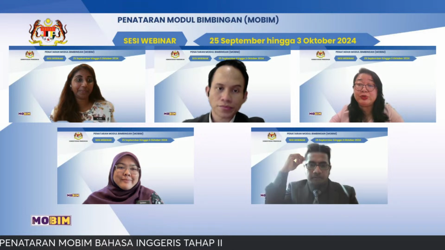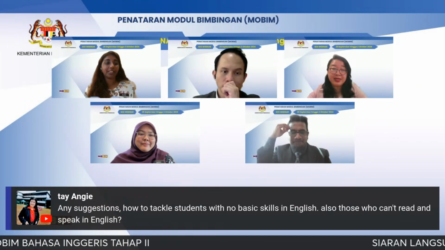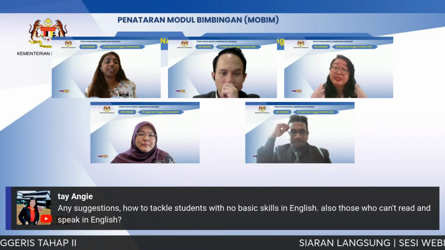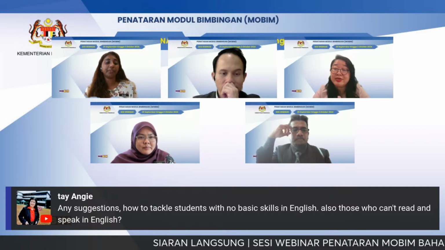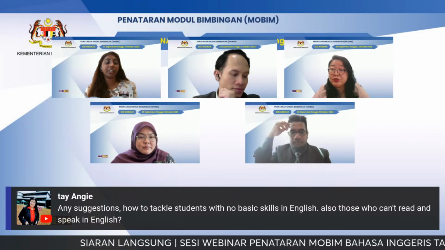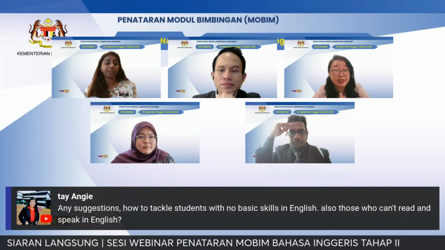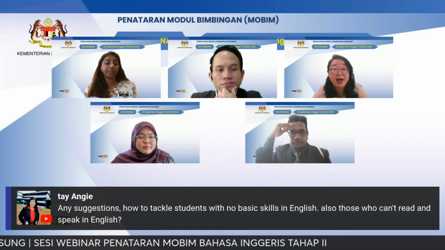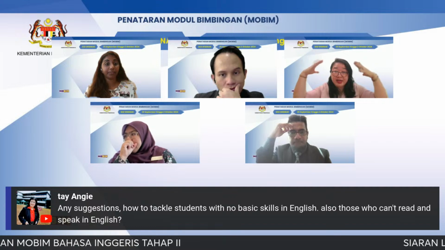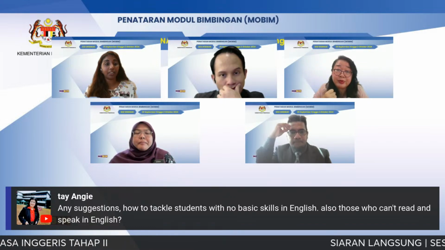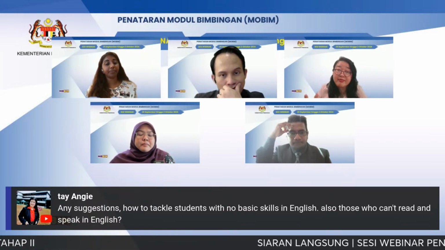So question number 2 from TNG. Any suggestions how to tackle students with no basic skill in English? Also those who can't read and speak English. Okay, do you still remember how we learn English? We must first get the input, the environment.